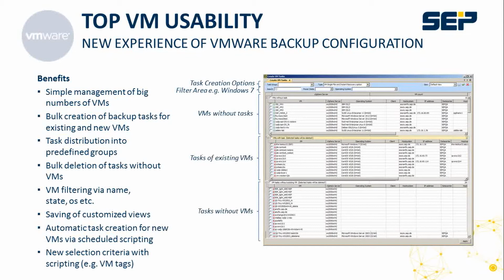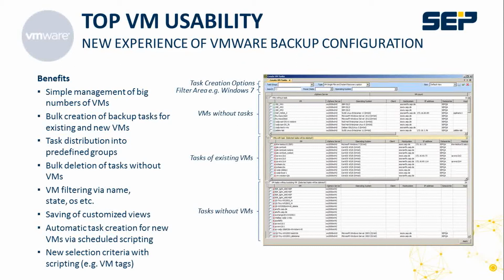your VMware environment. And it's also possible to create some automation so that new virtual machines will be detected automatically, and the backup task will be created automatically. There are several possibilities for specifying the criteria. If it's a productive virtual machine, the name starting with a prefix maybe, then this backup task will be created.